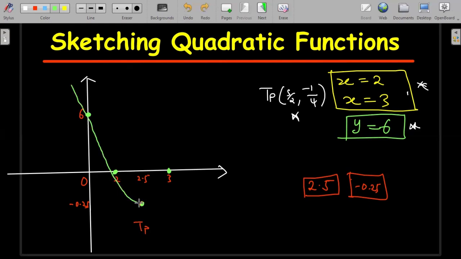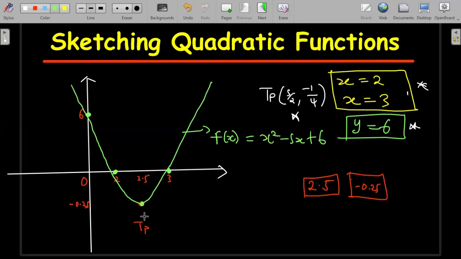Like that, and then it touches this, and then starts going up like that. So this curve here is our curve of f of x equals x squared minus 5x plus 6. We've sketched it. Any questions there?